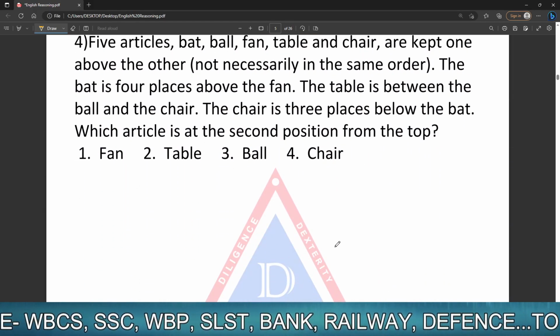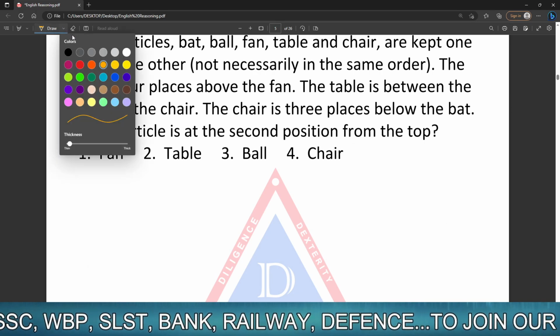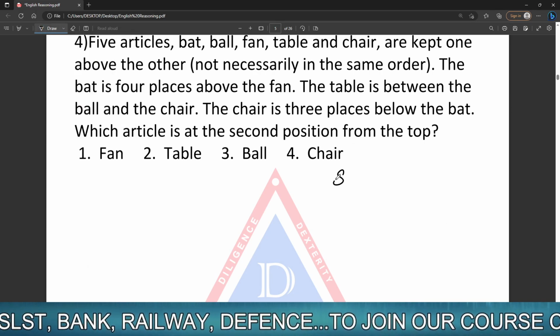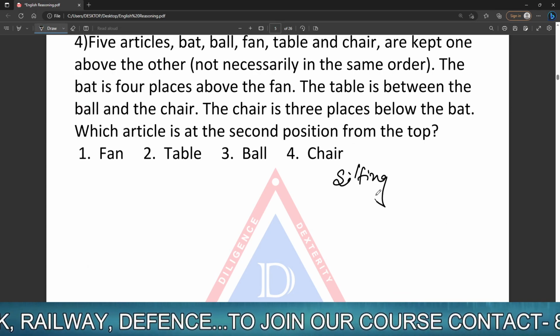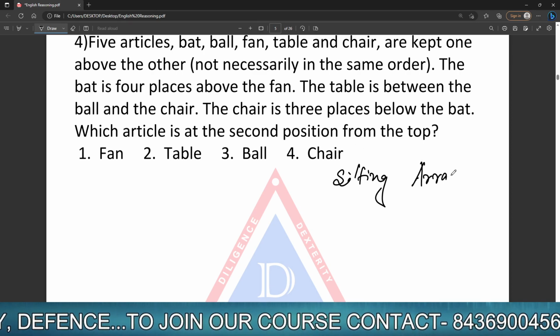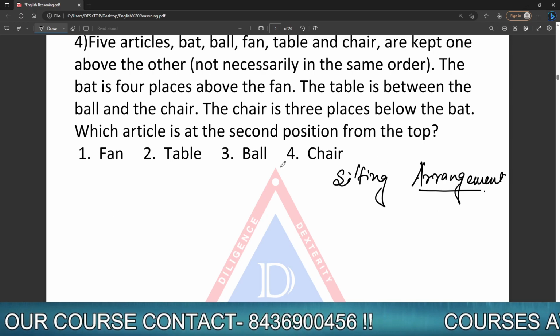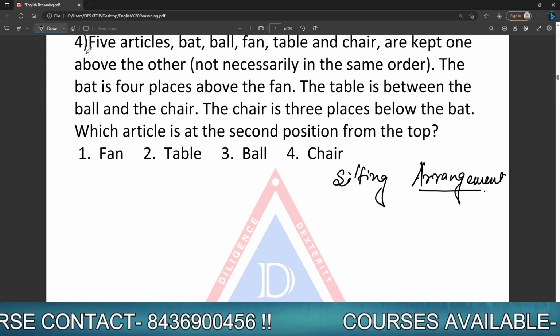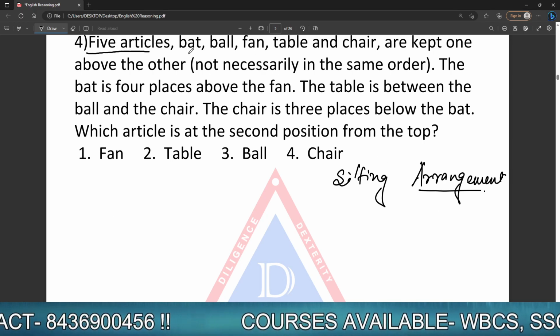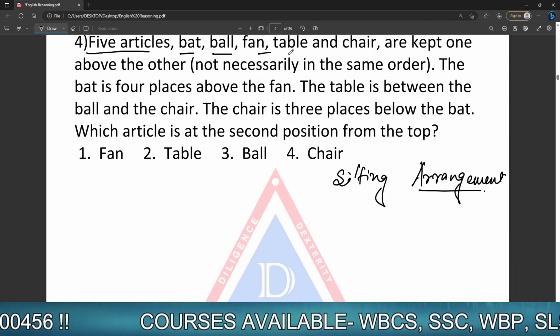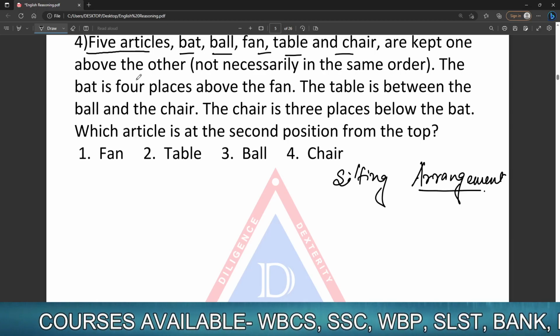Next question is about seating arrangements. The question says that 5 articles, bat, ball, fan, table and chair, are kept one above the other.